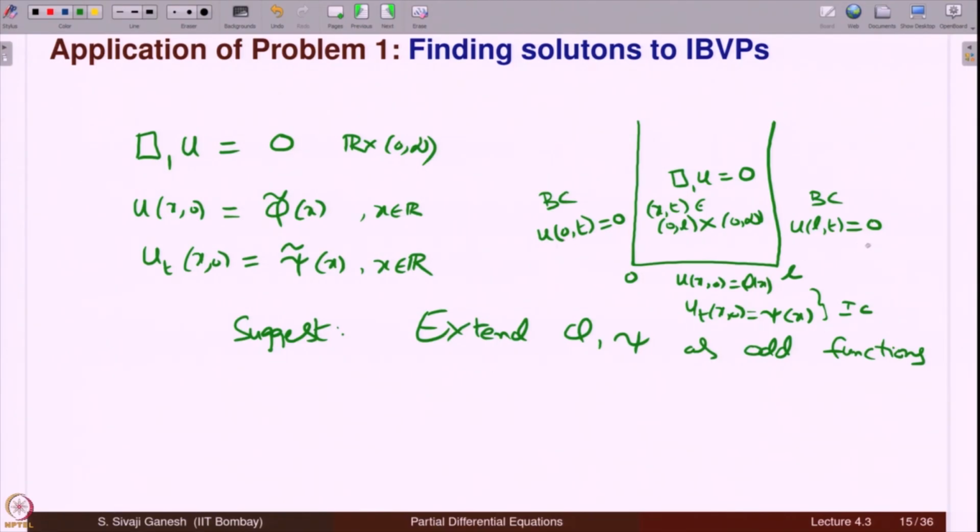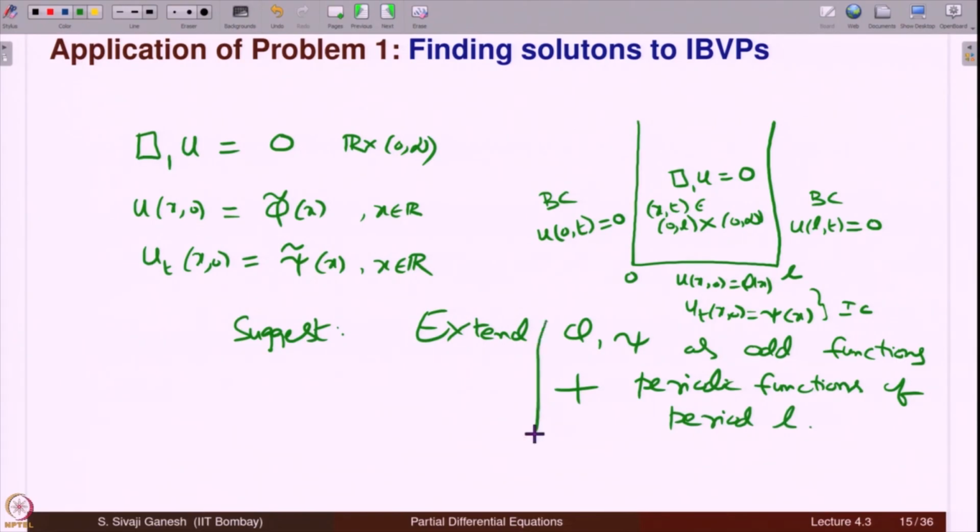But how will u(L, t) equal to 0 be satisfied? That we would like some kind of periodicity. u of 0, t is 0, u of L, t is 0 if u is periodic also. Therefore, extend these as odd functions and periodic functions of period L. Then what will happen?